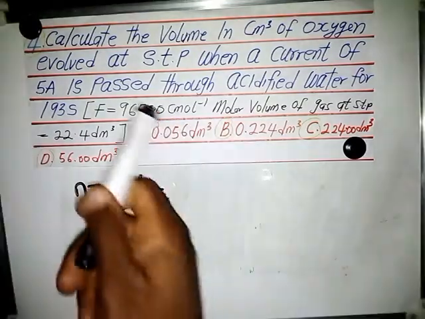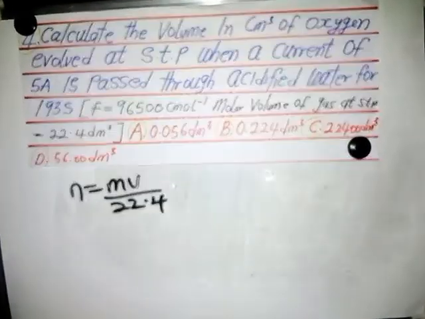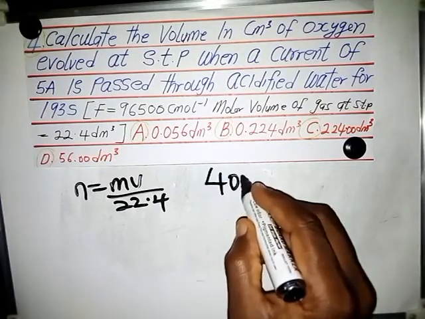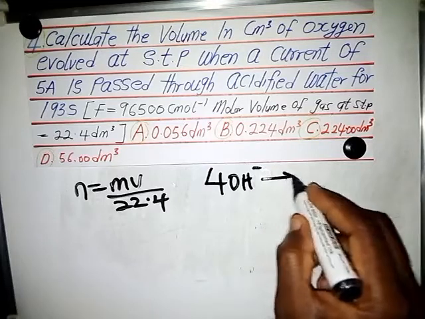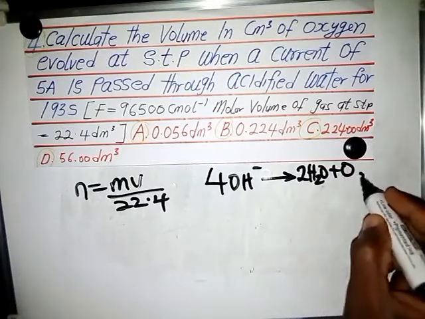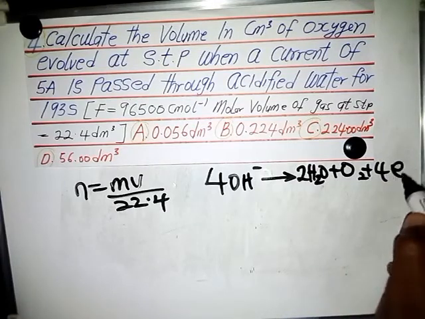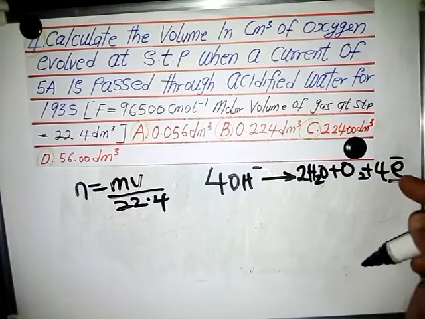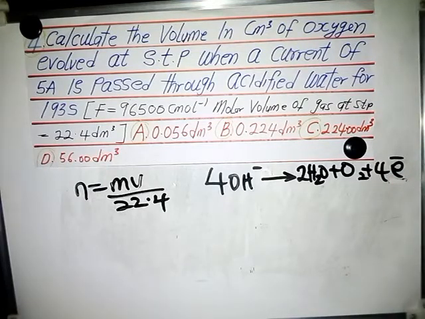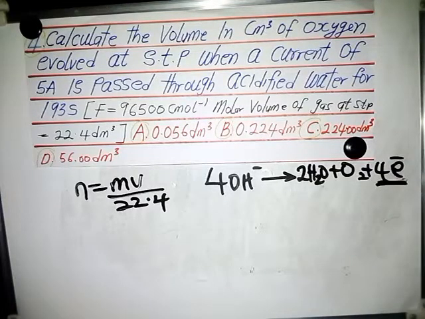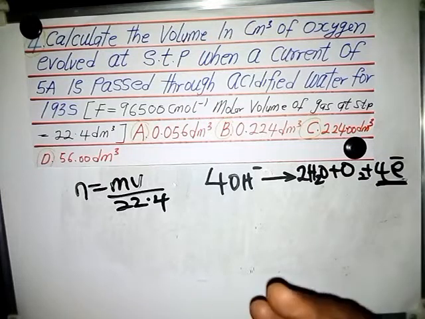Remember, in the electrolysis of acidified water, the half reaction is 2H2O gives 4H plus, plus O2, plus 4e electrons. So 4 is the mole of electron transferred.